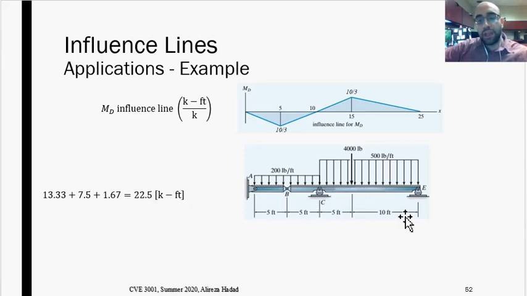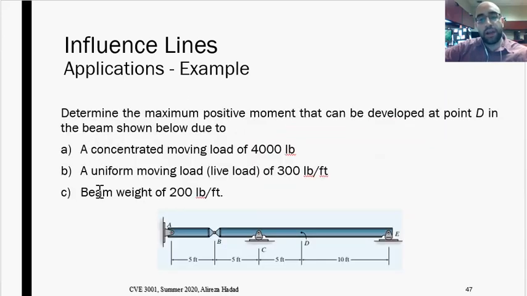But if you were to look at this as just a question with this situation, let's say it could say: find the maximum positive bending moment at point D when a concentrated moving load of 4,000 pounds and a uniform moving load of 300 pounds per foot, and also the beam weight of 200 pounds per foot is applied to the beam.